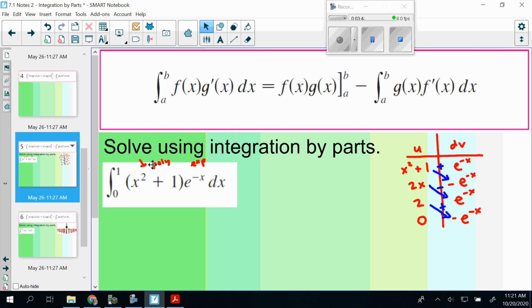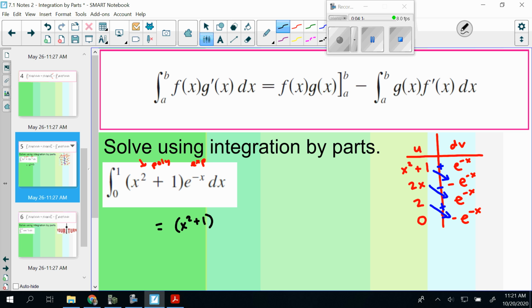All right, so what this is going to turn into now using integration by parts would be our first two things multiplied together here. So it'd be x squared plus 1 times this negative e to the negative x with a positive sign being multiplied in there too, which doesn't really change anything.